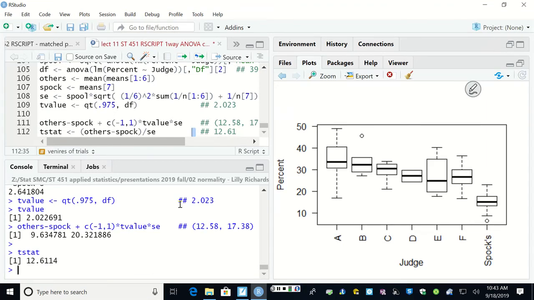In this case, even if they said you had to adjust, I don't know why you would have to, because you have one focused hypothesis to look at, but if they did, it'd still be significant because it's such a huge difference. But that's the idea of contrast in multiple testing.